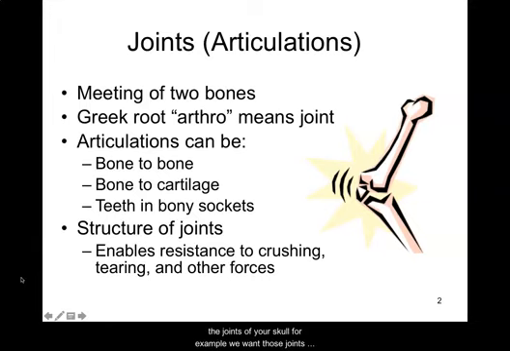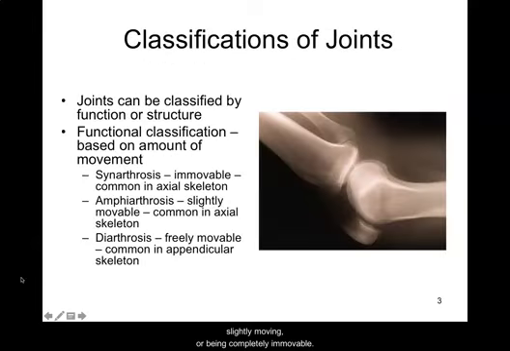We want those joints to remain stable and immovable. And the structure is going to enable the joints to resist any sort of crushing or tearing or pulling forces, and for that joint to be able to do its job of either moving, slightly moving, or being completely immovable. We can classify joints both structurally and functionally.